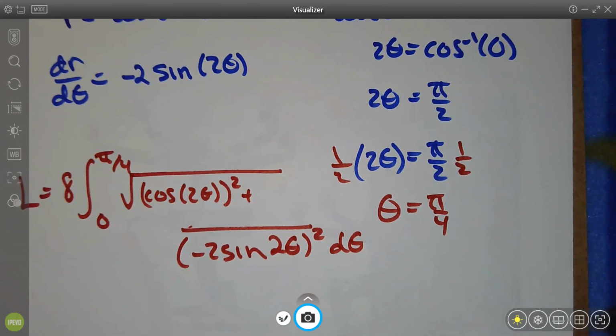Again, I want to hit the square key, exits the radical, or excuse me, exits the integrand, and we'll throw in our dt. Now we're not quite done with that. We've got to multiply this by 8. So times 8. That'll take your previous answer, multiply it by 8, and now we're good.